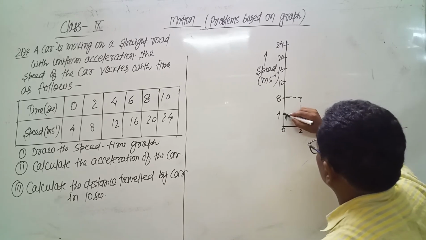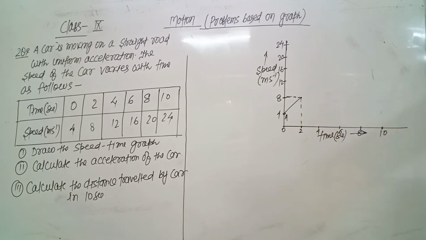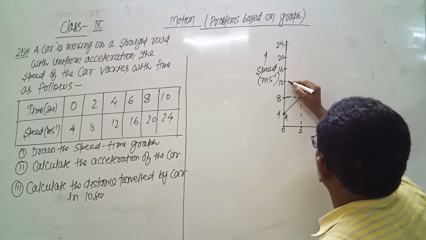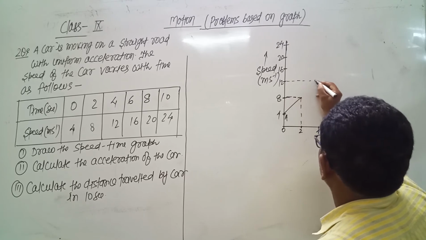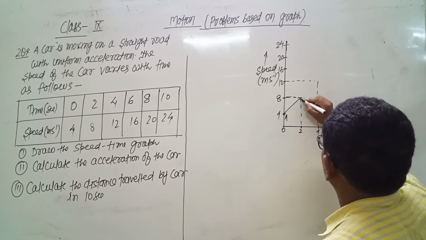So the graph is from A to B, and at time 4 seconds, the speed is 12.